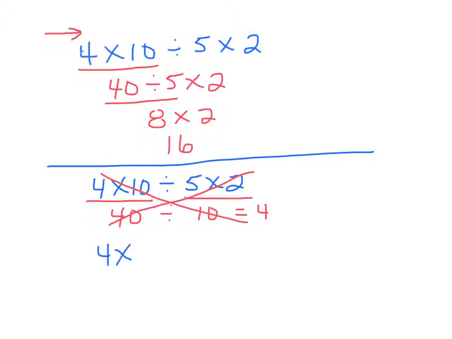The only way that could work is if you had parentheses around the 4 times the 10 and the 5 times the 2. If you have that, then you would do it in that particular order because you would have to do the parentheses first. As I say, this is the most common mistake that I see when people are doing order of operation problems.